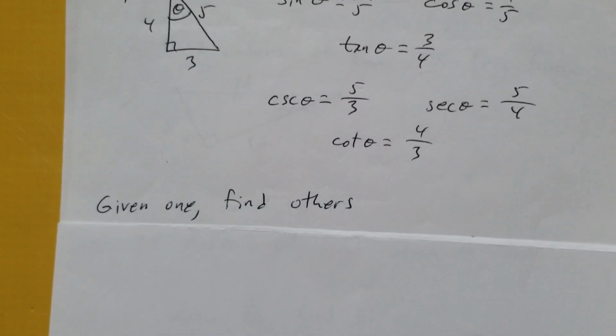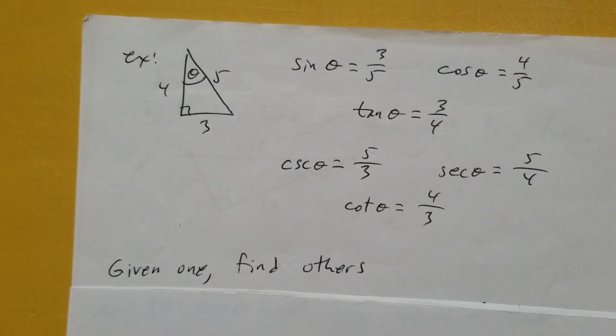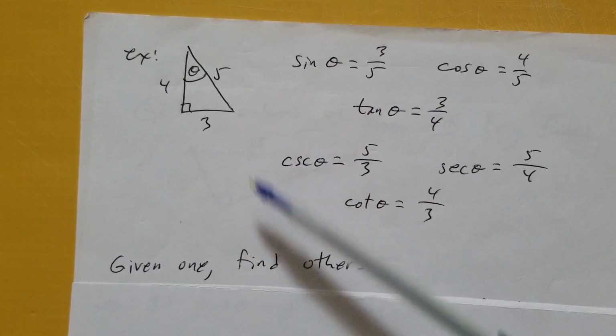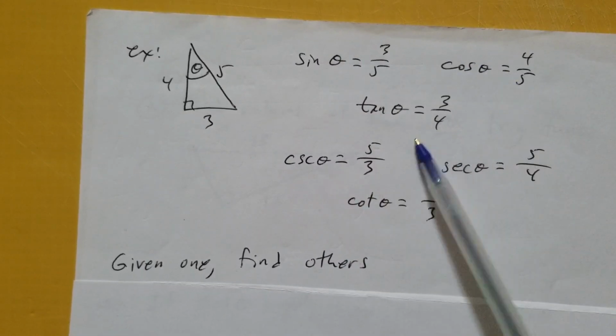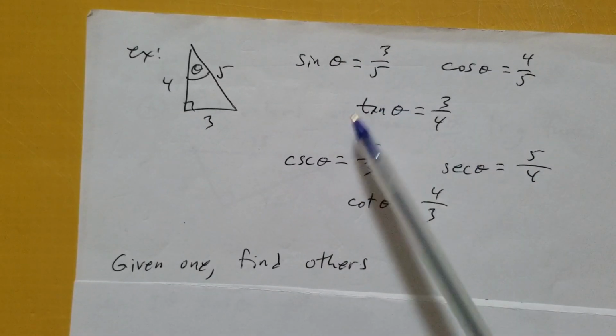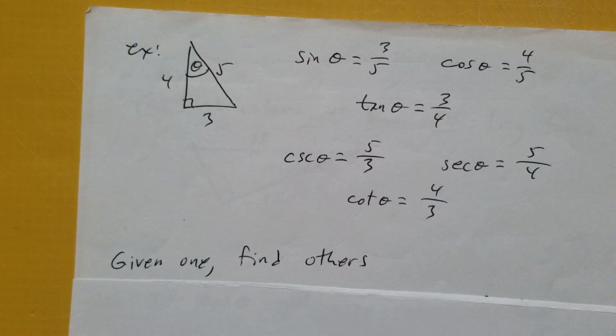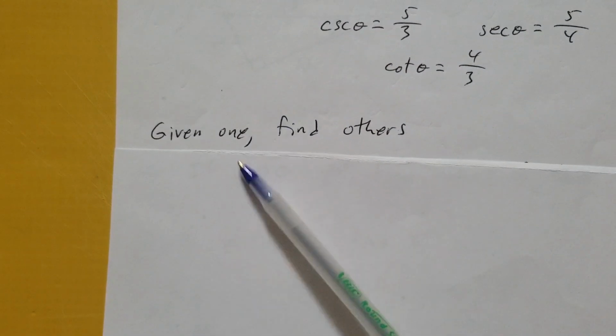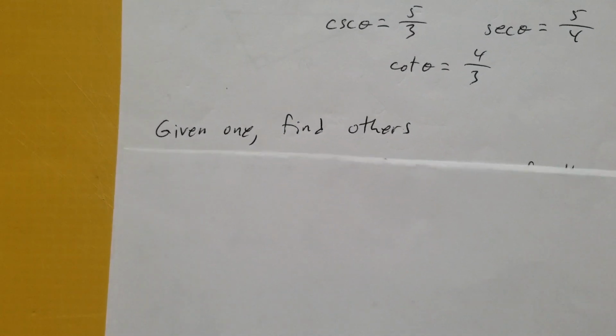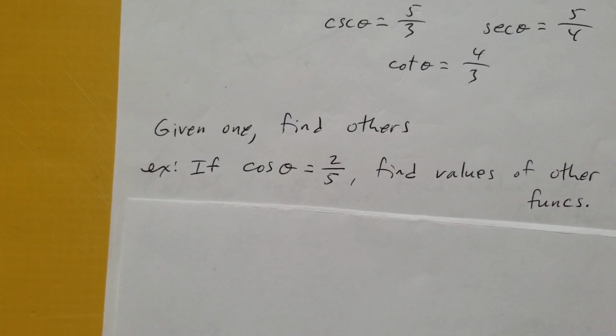Okay, so one way we can make this question more interesting is if we give you one of these, and you should be able to get the other 5. Look at this one. Given one, find the others. Here, I'm giving you cosine.